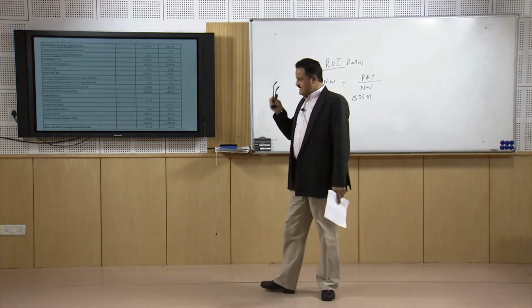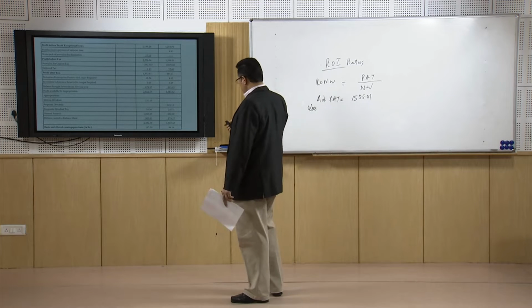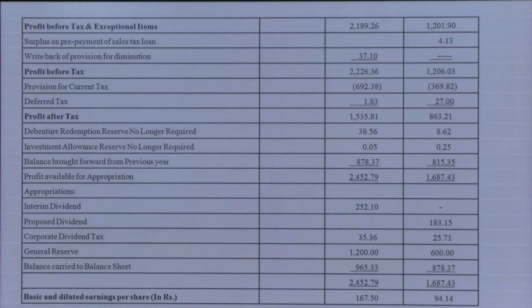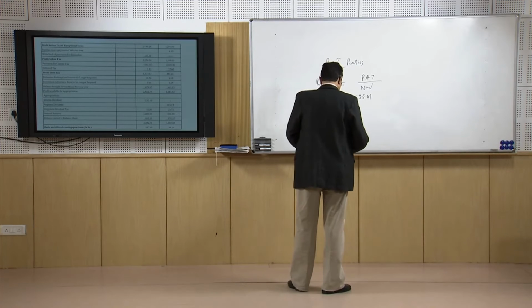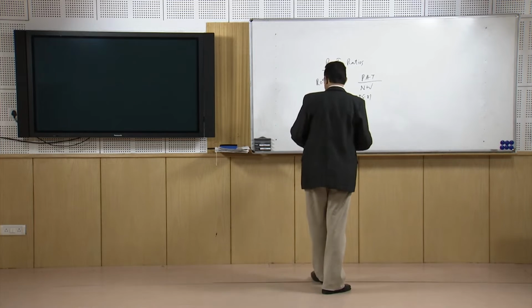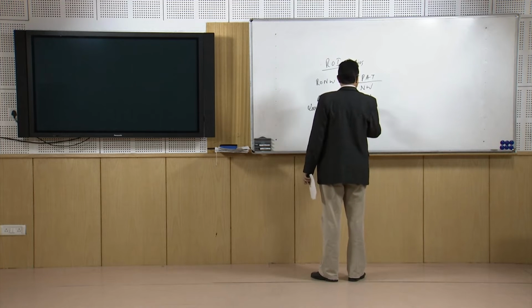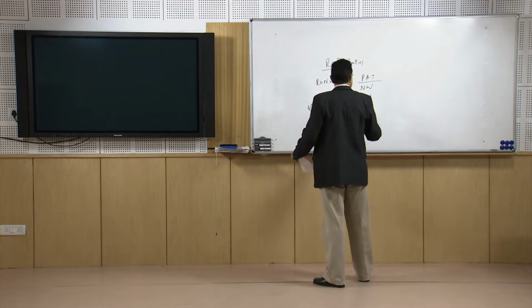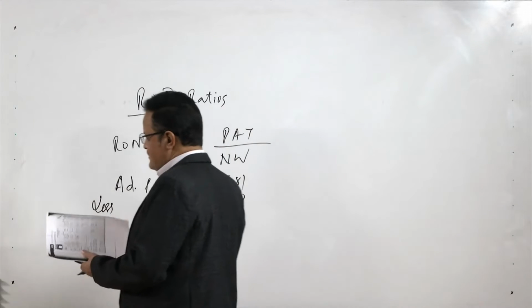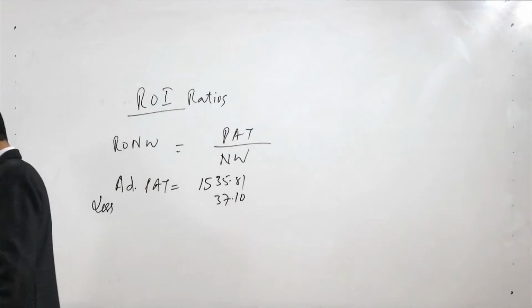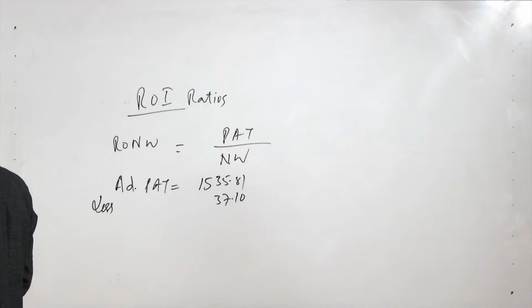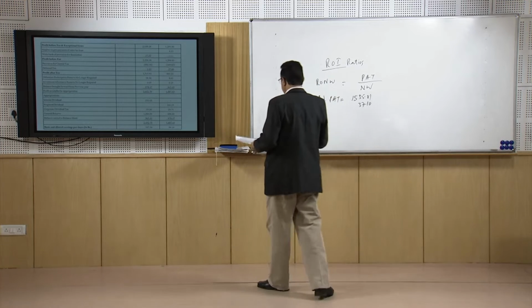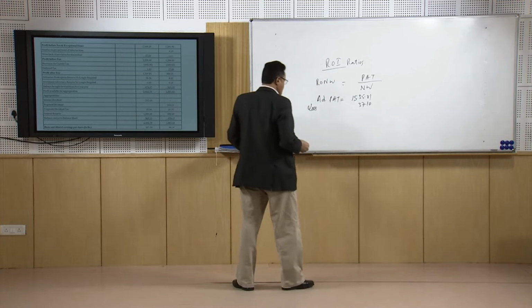We have to subtract this figure, and when you subtract it, your PAT will also come down by 37.10 crores. This exceptional income is 37.10 crores, so we have to find the changed amount of PAT.